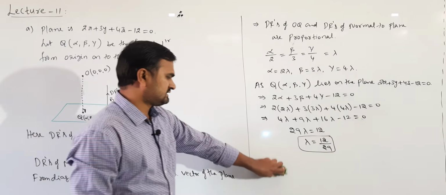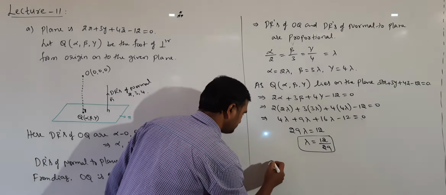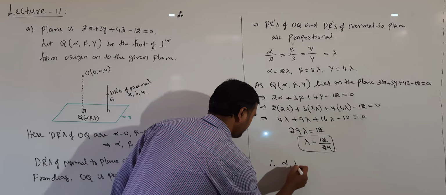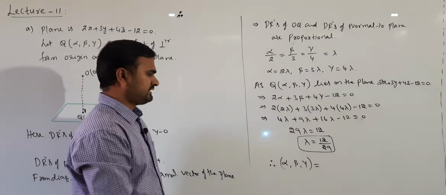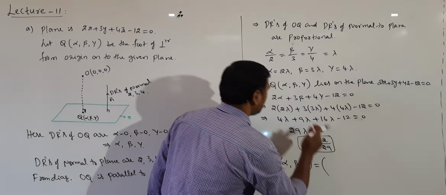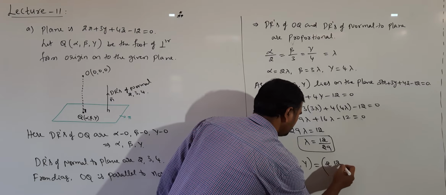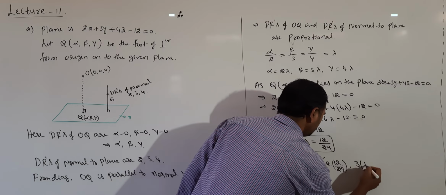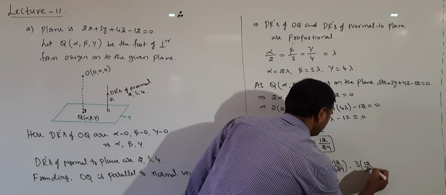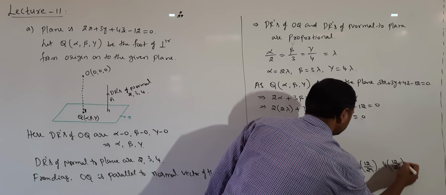So lambda is 12 by 29, therefore what are alpha, beta, gamma? Alpha, beta, gamma equal to 2 into 12 by 29, 3 into 12 by 29, 4 into 12 by 29.